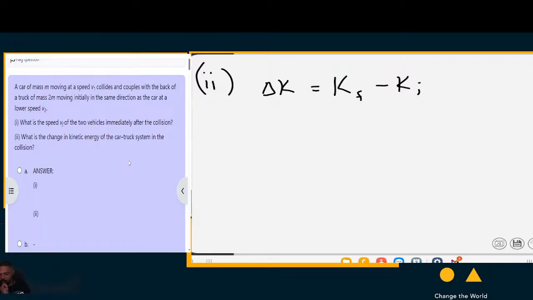Now the kinetic energy at the end is just a half times mass times the velocity at the end squared, minus a half times m times the velocity initial squared.